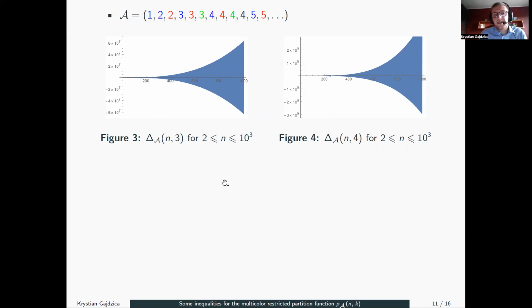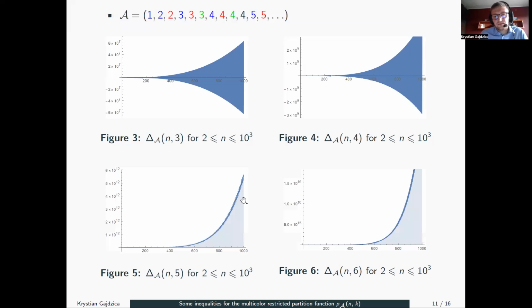However, if we take any k greater or equal than 5, then surprisingly it seems that the multicolor restricted partition function is log concave. So the first question is, what's the difference between this sequence and the sequence before? But we will see it in a few moments.